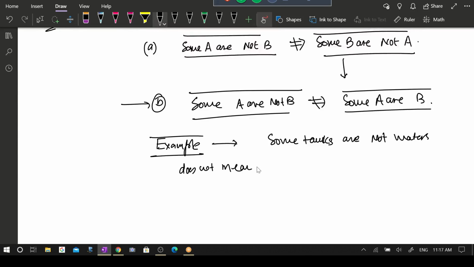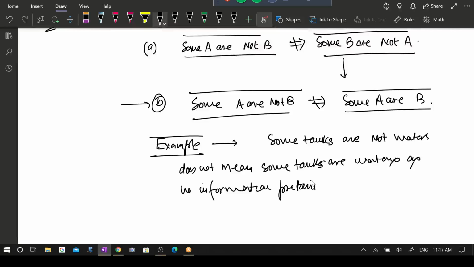Some tanks are not water does not mean some tanks are water, as no information pertaining to it is given. We don't have any information pertaining to it.